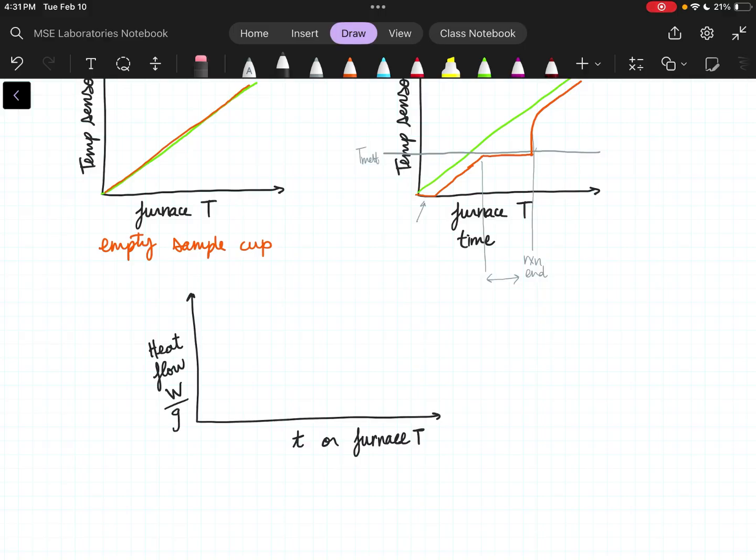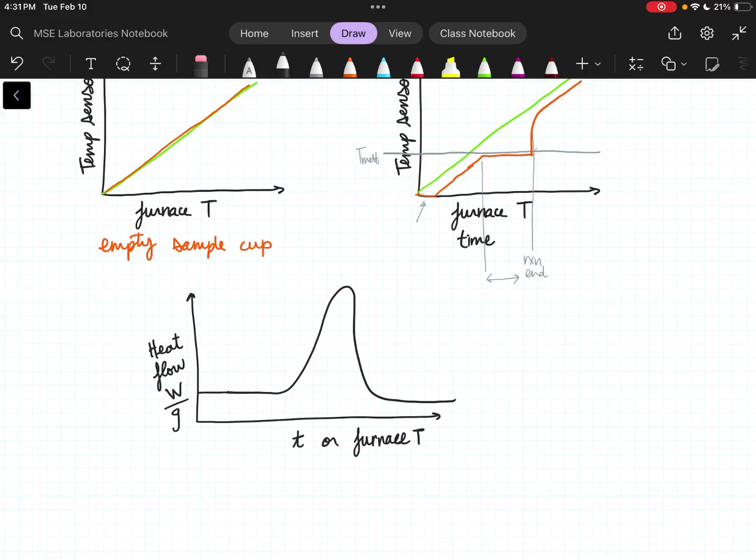A lot of times it will be watts per gram, and it's actually going to subtract out the gram amount of sample that you put in the crucible. So we're doing a specific heat flow instead of a generic heat flow, going back to our specific heat capacity and heat capacity values. And our graph is going to look something like this.